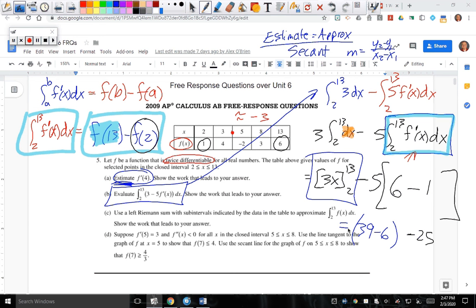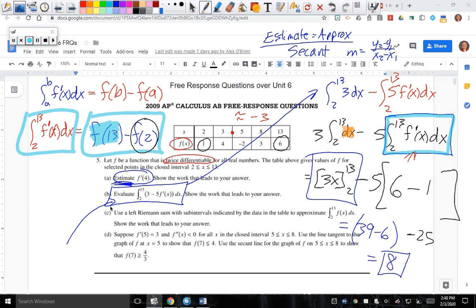How's that? Do y'all agree? So 39 minus 6, 33. What's my answer? 8. All of that right here is 8. Well, wait, no, not all of that. Let me make sure. 25. Yeah, I was right. All of that is 8.